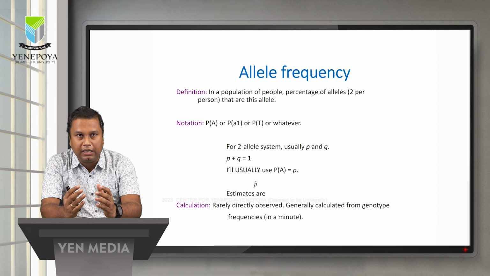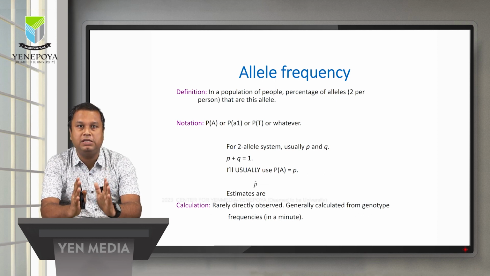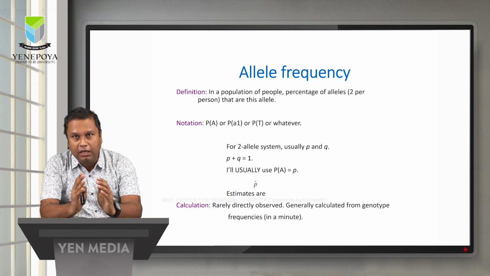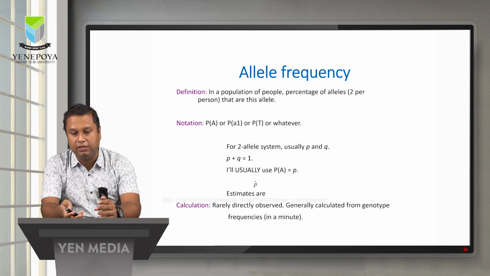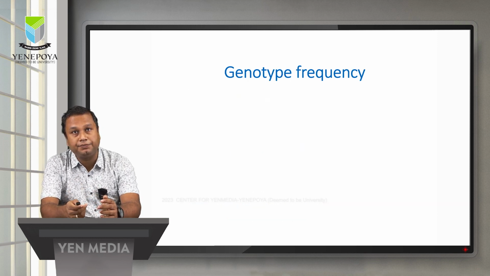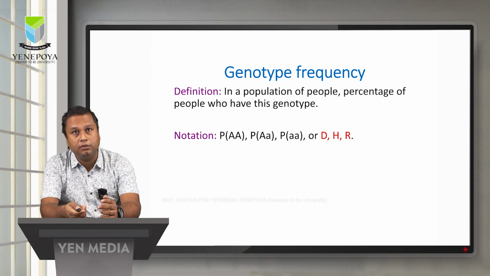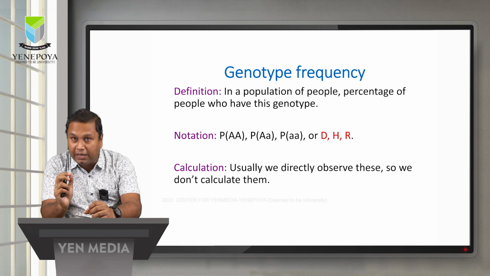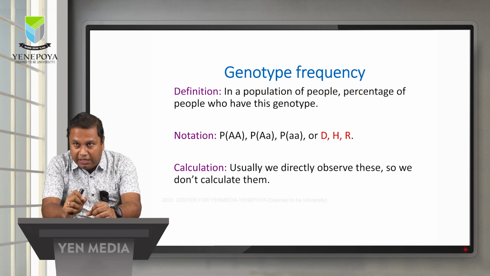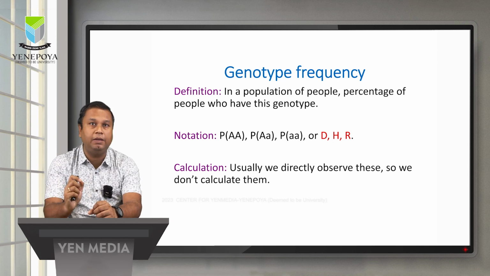Now, as I already mentioned, the allele frequency cannot be directly observed. It has to be properly calculated from the genotype frequency. Now, what is genotype frequency? In a population of people, the percentage of individuals having a particular genotype is called the genotype frequency.